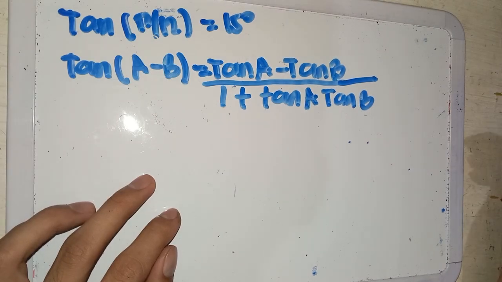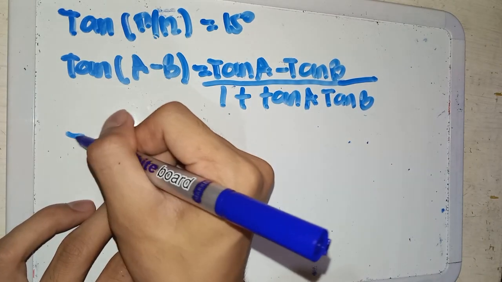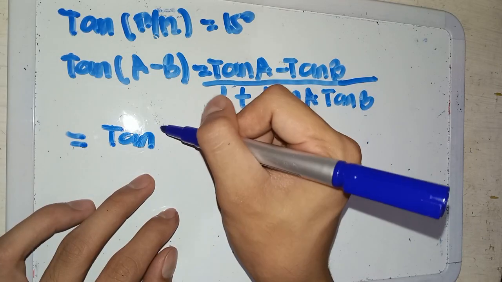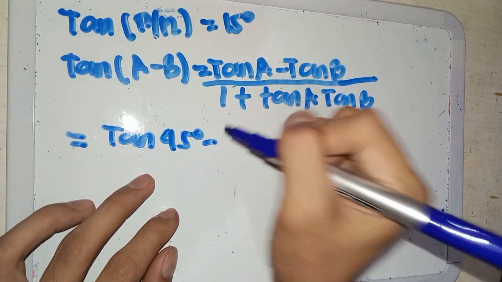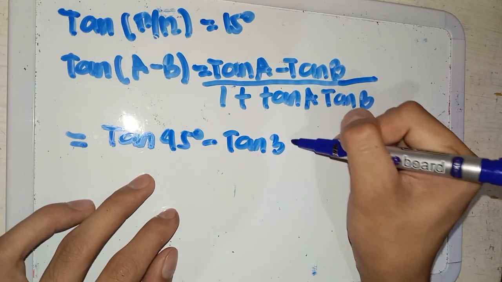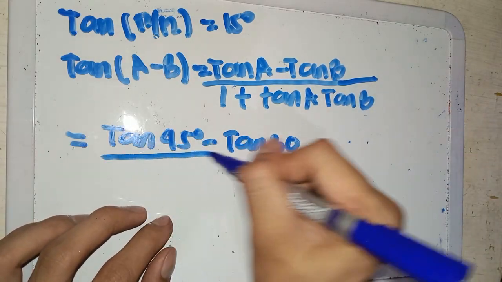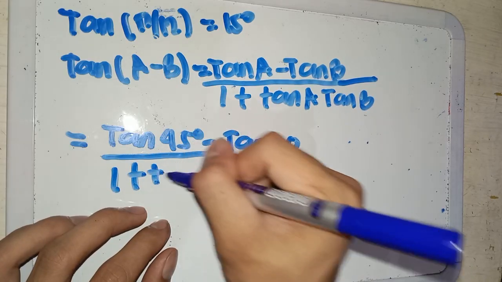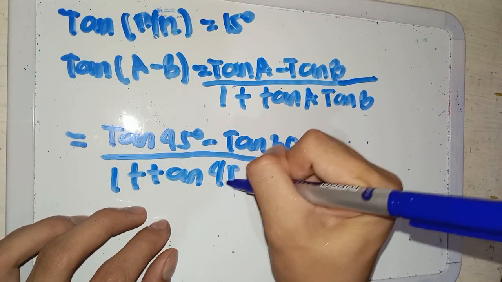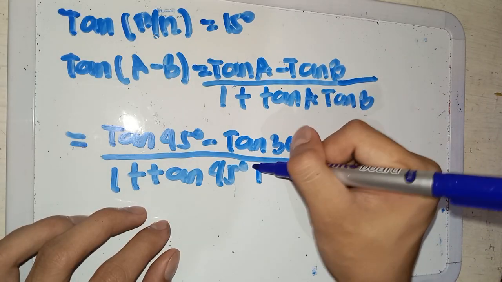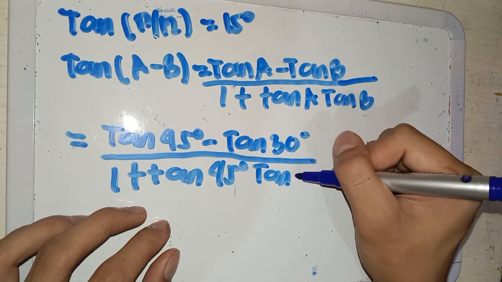So it is going to be tan 45 degrees minus tan 30 degrees over 1 plus tan 45 degrees tan 30 degrees.